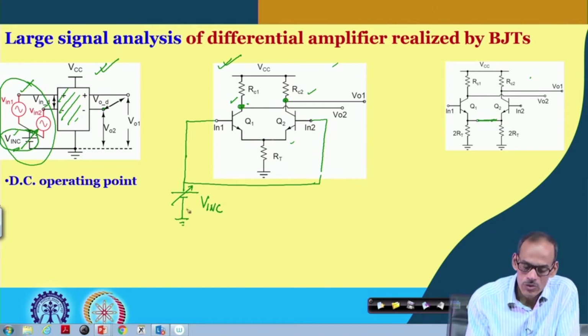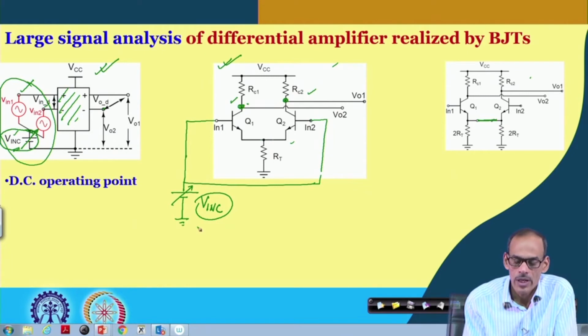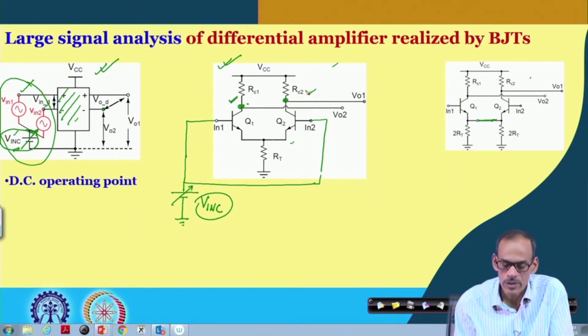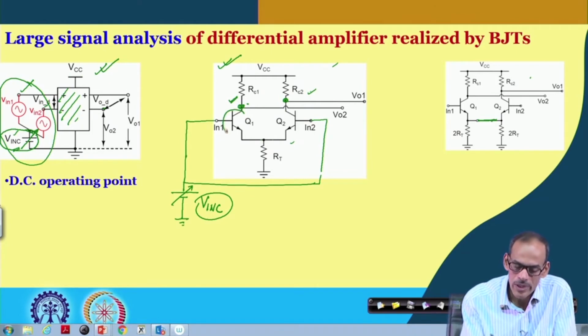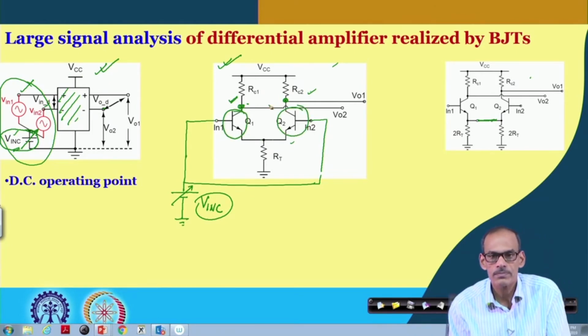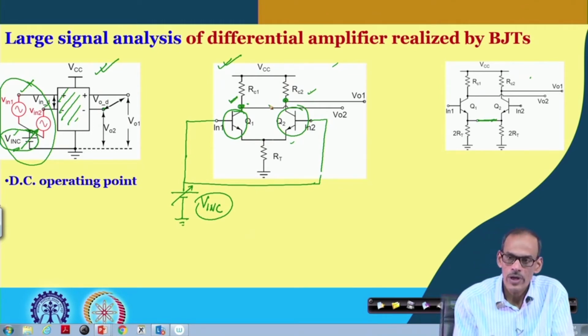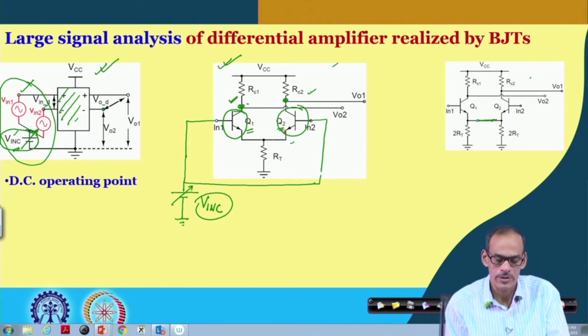Now, coming back, if I vary this voltage and observe the voltage at the two outputs, definitely they are also defining the condition of transistor 1 and transistor 2. And for good operation of the circuit, we want both the transistors to be in the active region of operation.